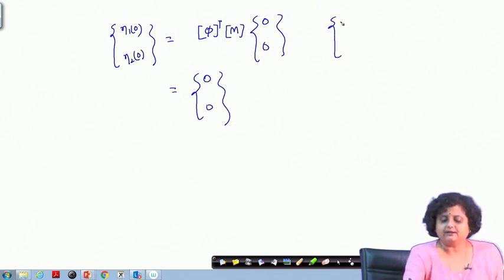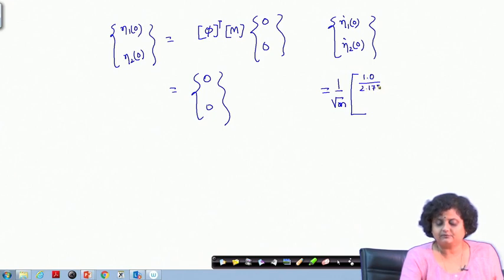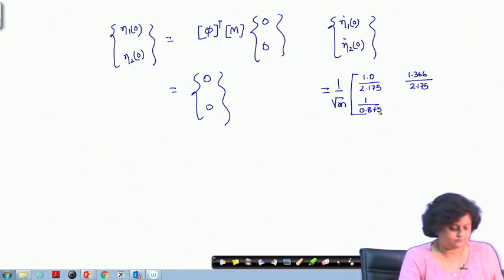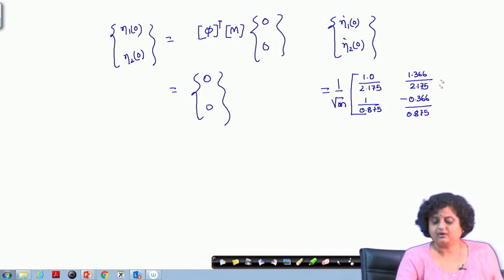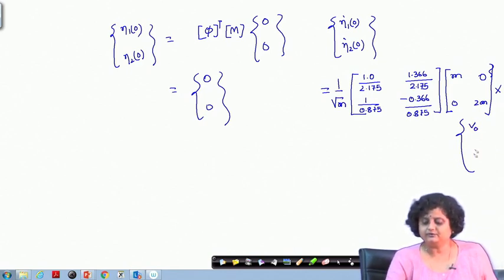Similarly, eta1 dot (0) and eta2 dot (0) is going to be the transpose of the phi matrix, which is 1.0 by 2.175, 1.366 by 2.175, 1 by 0.875 and minus, into the mass matrix, which is m, 0, 0, 2m, into my initial velocities on u's, which are v0 and 0.